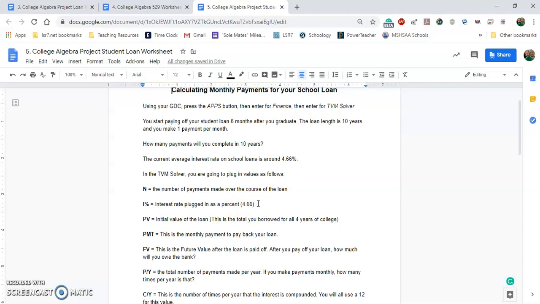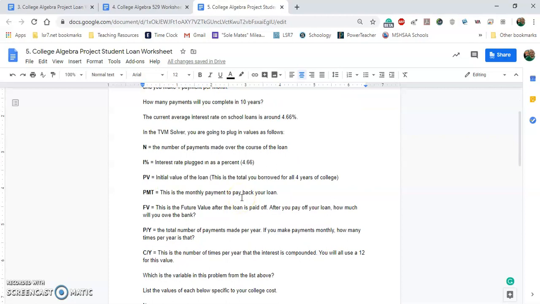When I went to college as an undergrad, interest rates on loans were actually at their lowest, so I locked in all of my undergraduate loans that year, and it is 2% lower than any of the loans that I made for my master's degree, and significantly lower than the loans that I've made for my doctoral degree. So just keep that in mind as you go through. This is a conservative number, so keep that in mind.